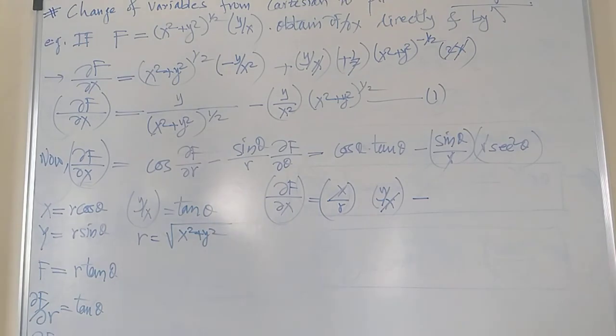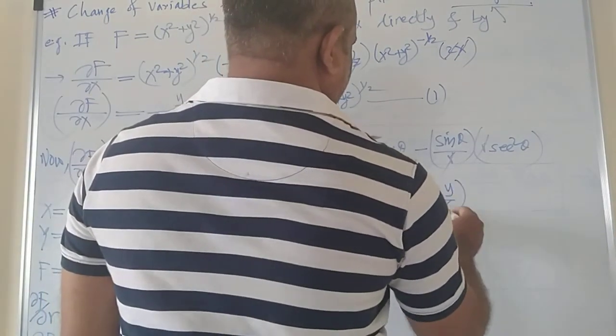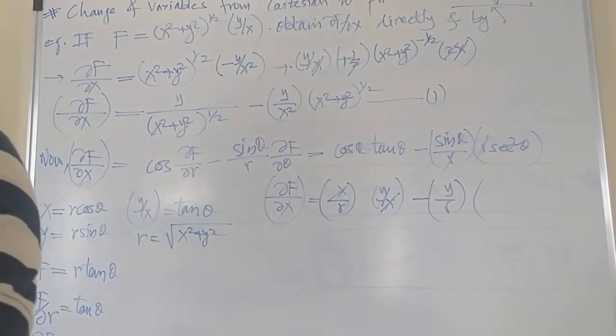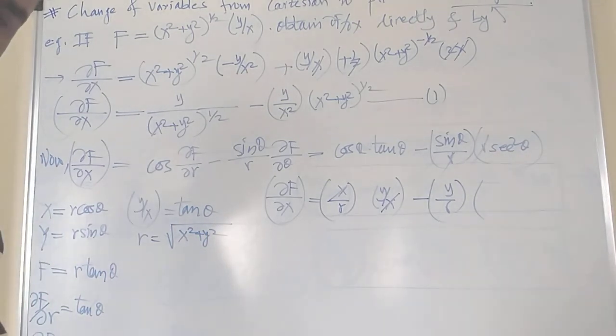Let me do that. So sin theta is equal to y by r. And sec square theta is equal to 1 upon sin square theta, no? Got it?